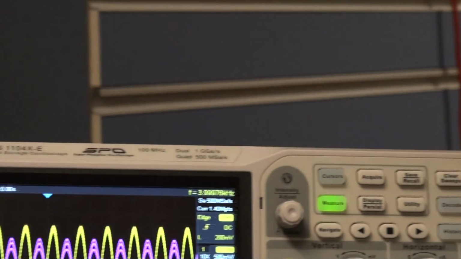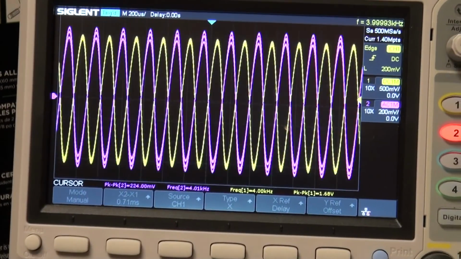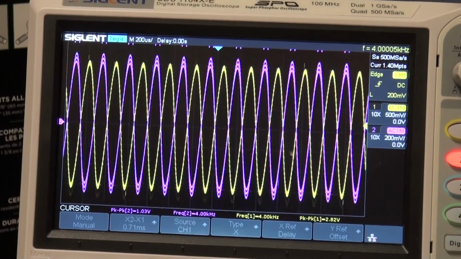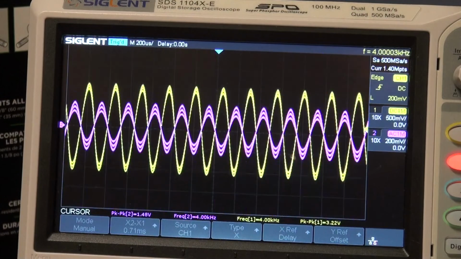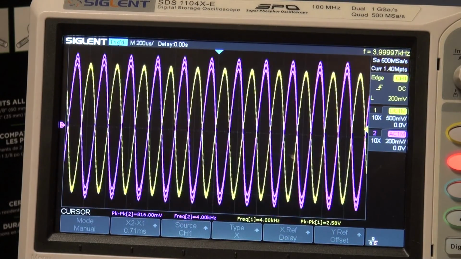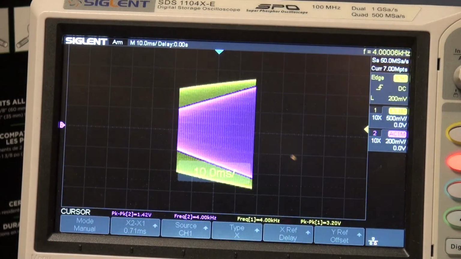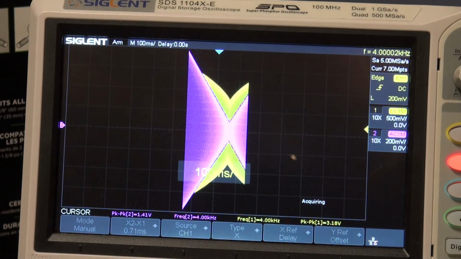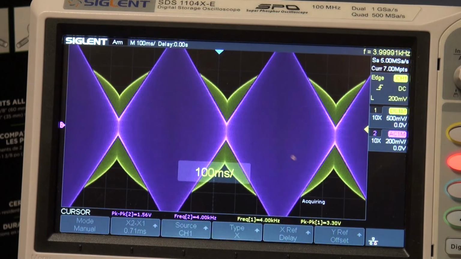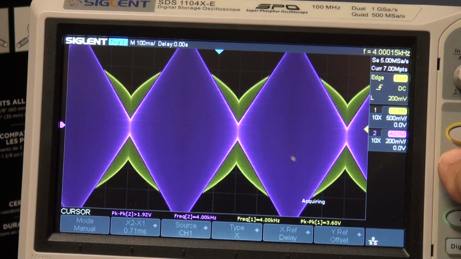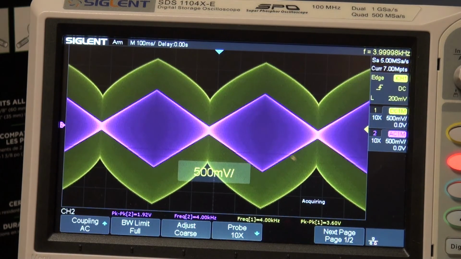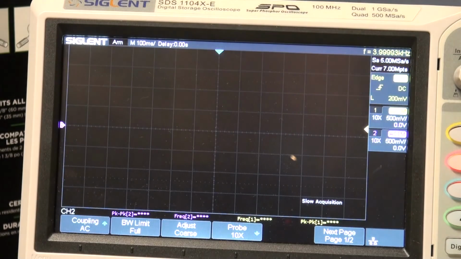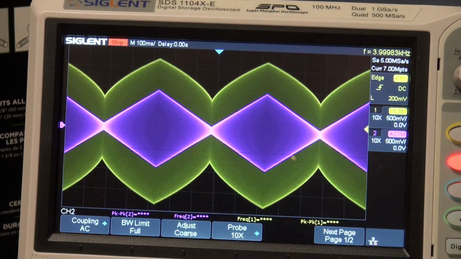Let's go to the oscilloscope. Okay, well that kind of is expected. It's changing amplitude. But let's slow the scope down a little bit so we can see what's happening on the overall envelope, and do a single shot, I think. Okay, there we go.